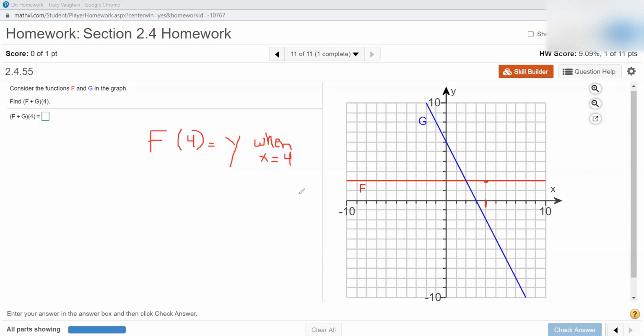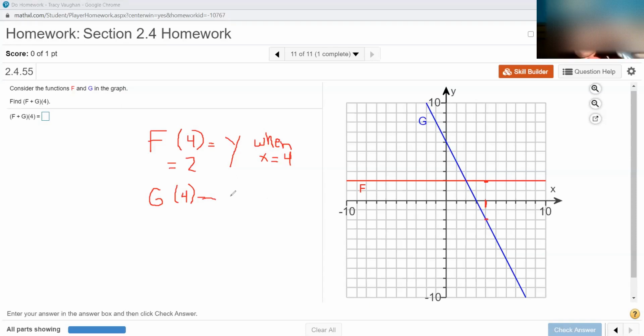And that y value is 2. And then g of 4, I think you already told me. So g of 4 would be what you get when you look on the blue line. And that point is right down here, and that's -2.